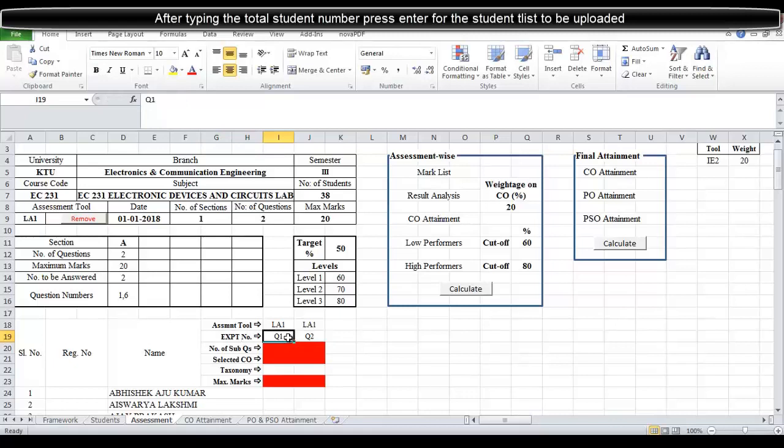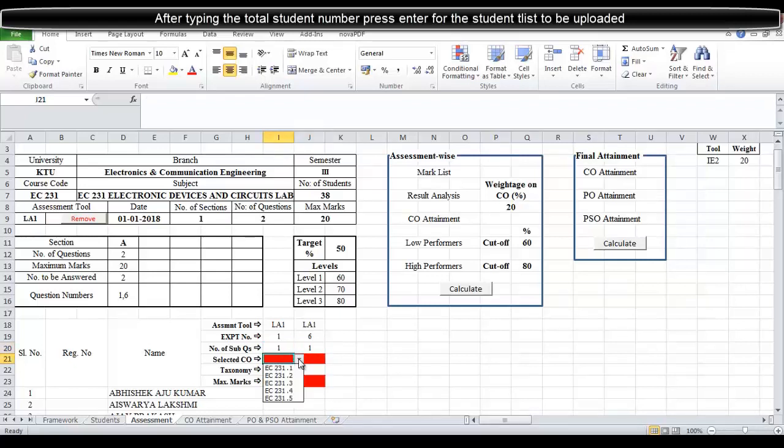And here, since it's going to be the first experiment and the second, the 6th experiment is going to come under CO1. So I have completely written them together, and I am not having any sub questions. So there is only one sub question.